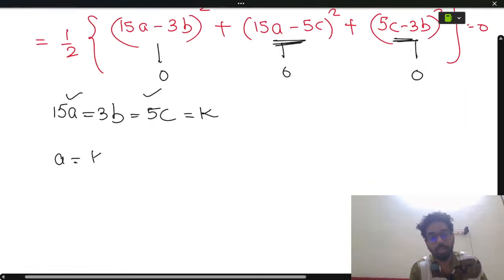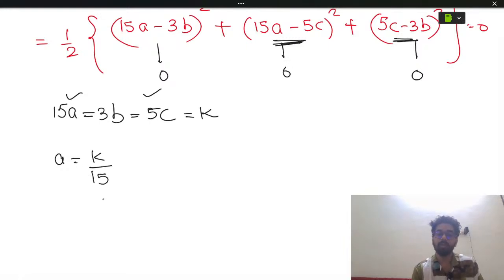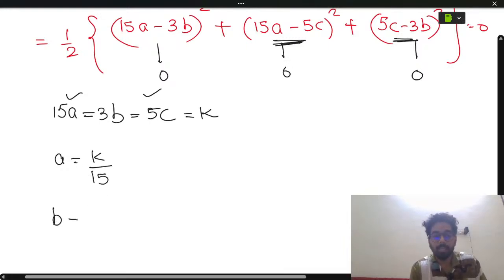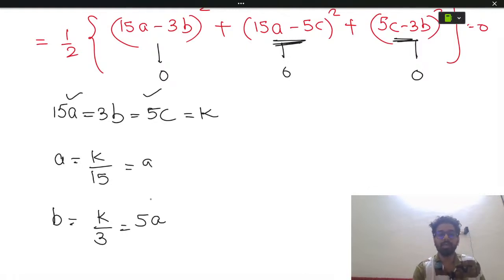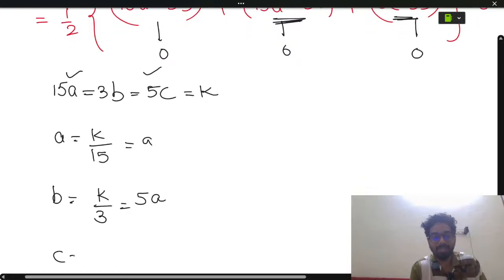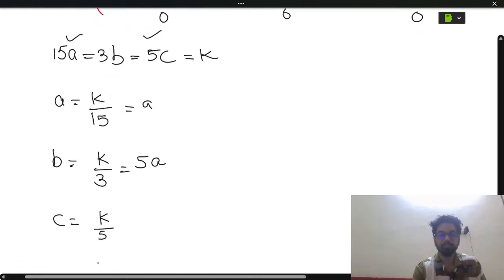A is equal to K by 15. Okay. B is equal to K by 3, which is, we can say, 5 times of A. So this is A, this is 5A. And C is equals to K by 5, which you can say is 3A.